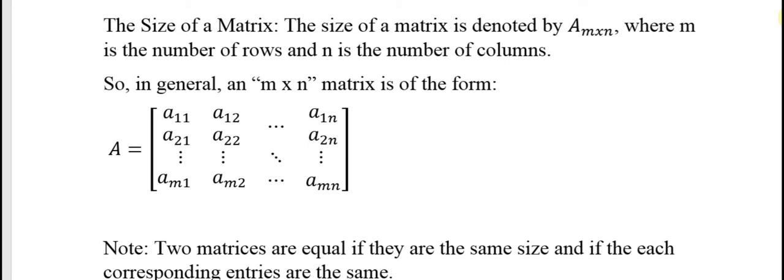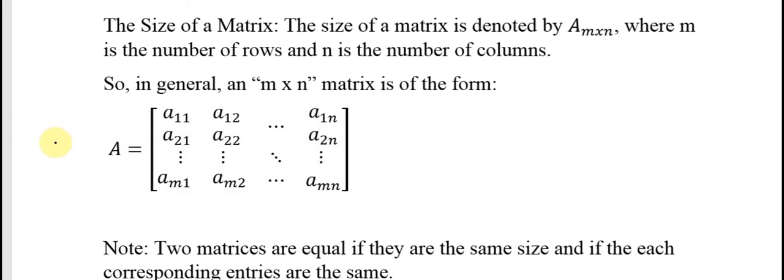The size of a matrix is important. The size of a matrix is denoted by here the matrix A, M by N, where M represents the number of rows, and then N represents the number of columns.